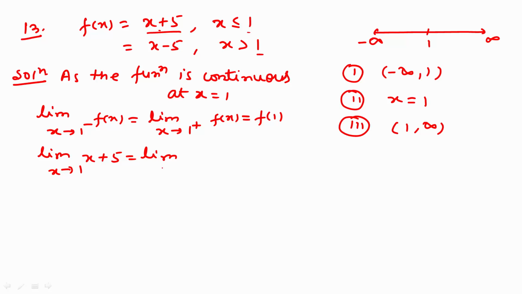Limit x tends to 1 plus f(x). The 1 plus indicates that the value of x is greater than 1. When the value of x is greater than 1, we will take the function x minus 5, and f(1) at x equal to 1 is x plus 5.